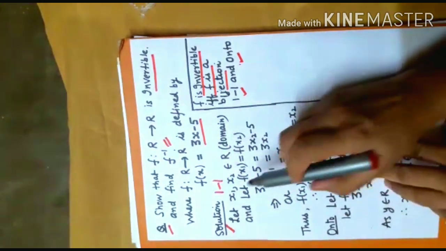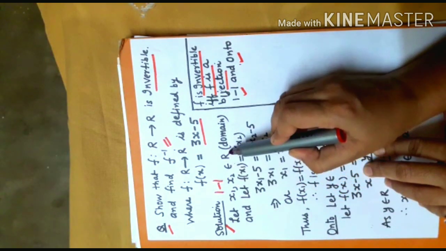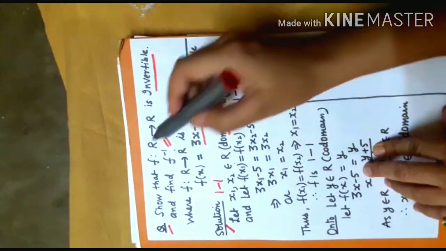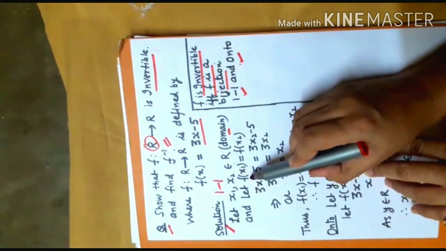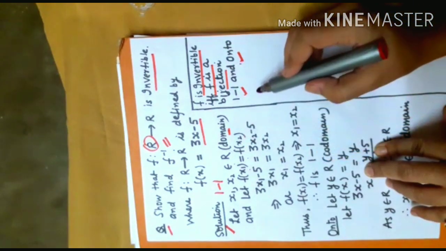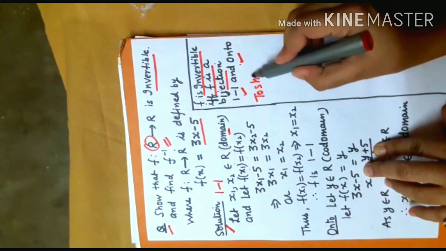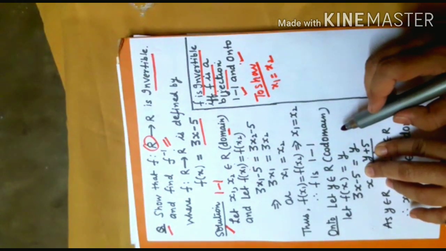For that, I'll take two elements x1, x2 belonging to the domain, which is R in this case, and let f(x1) = f(x2). Now I will proceed to show that x1 = x2.